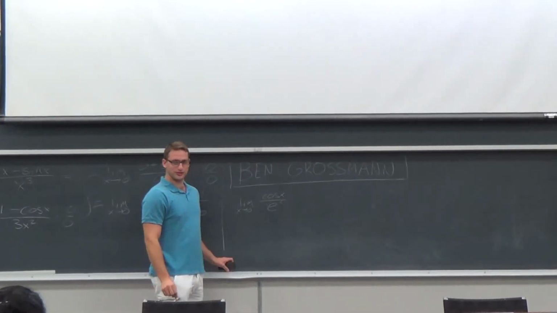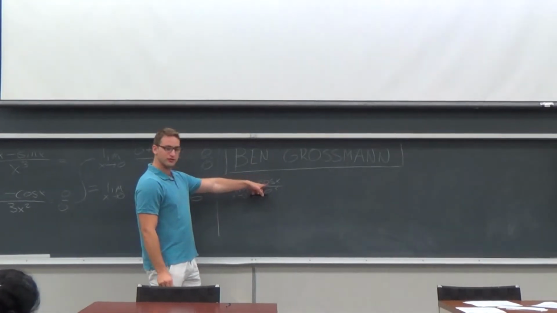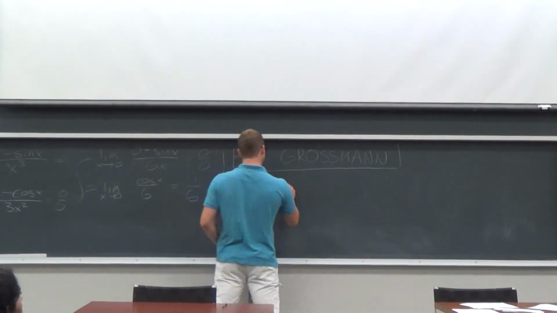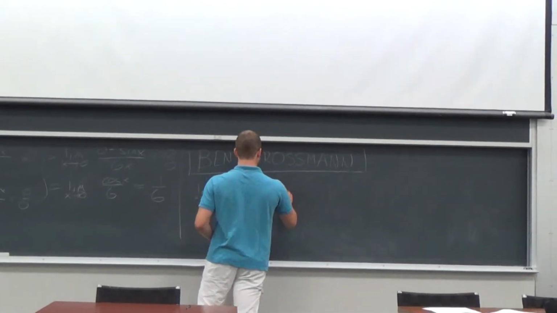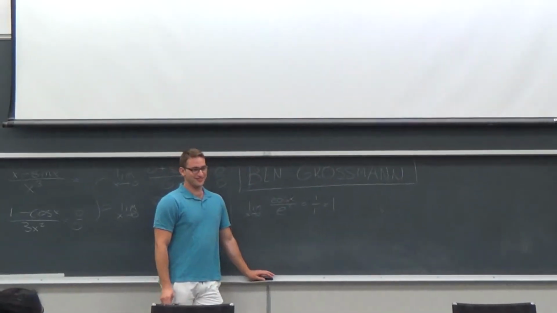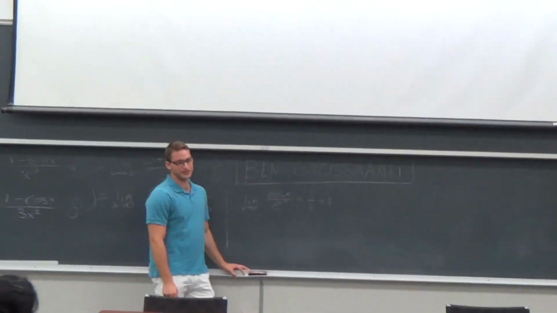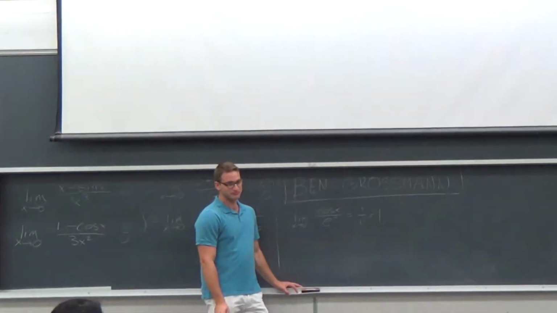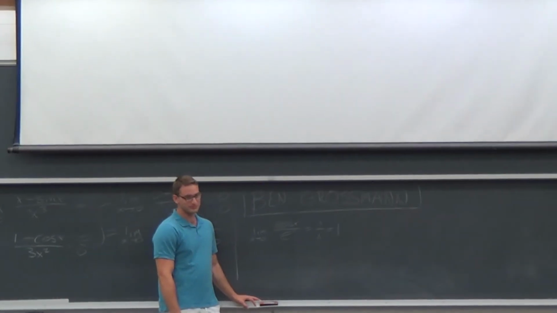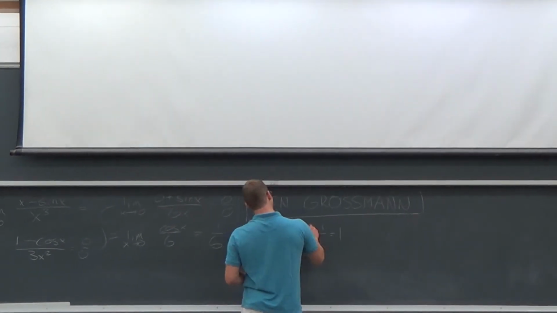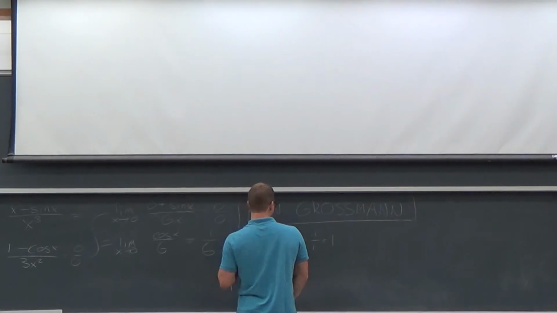First off, check by plugging it in. What's the cosine of 0? 1. e to the 0 is 1. So the limit is 1. Or did you mean something else though?